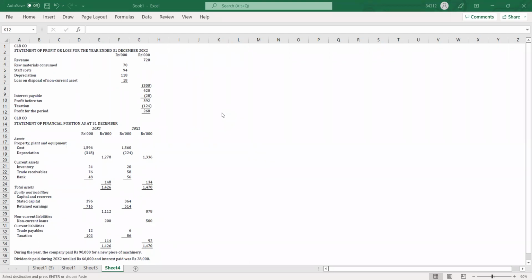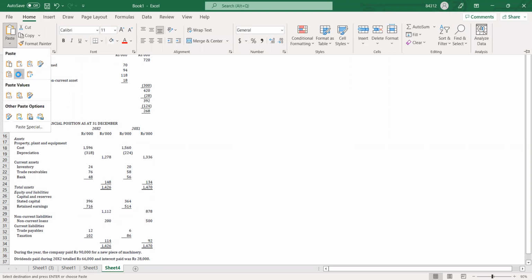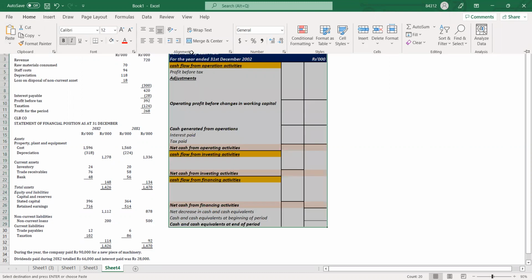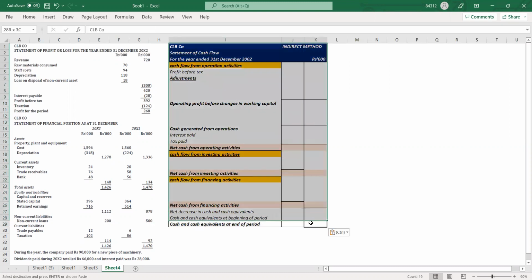So first I will explain the indirect method. We have the income statement and the statement of financial position. This is the format for indirect method. Full name of the business, CLB company, statement of cash flow for the year ended 31st December.